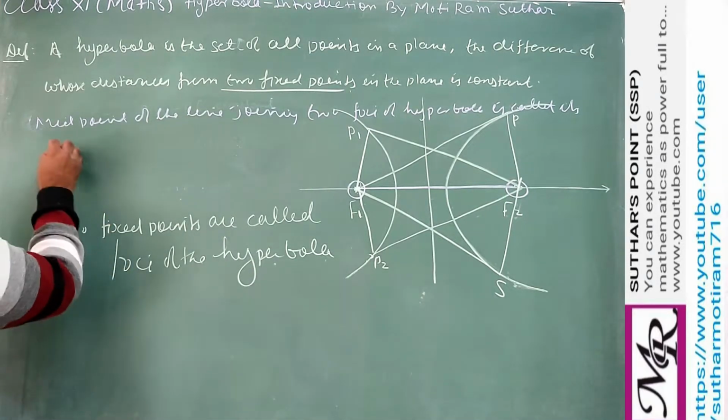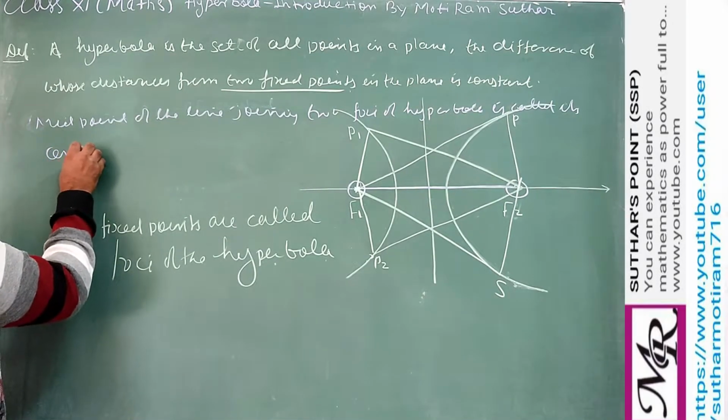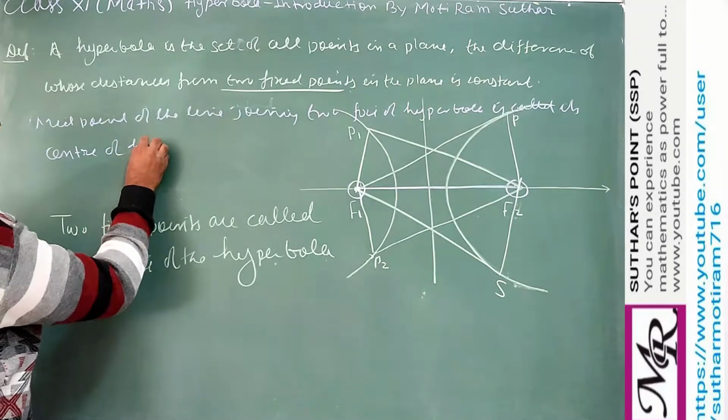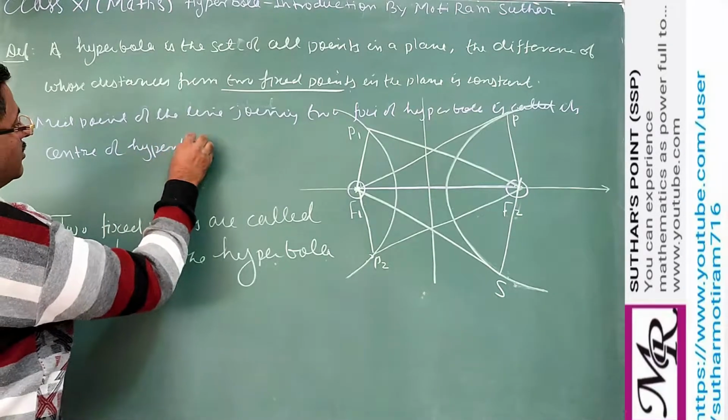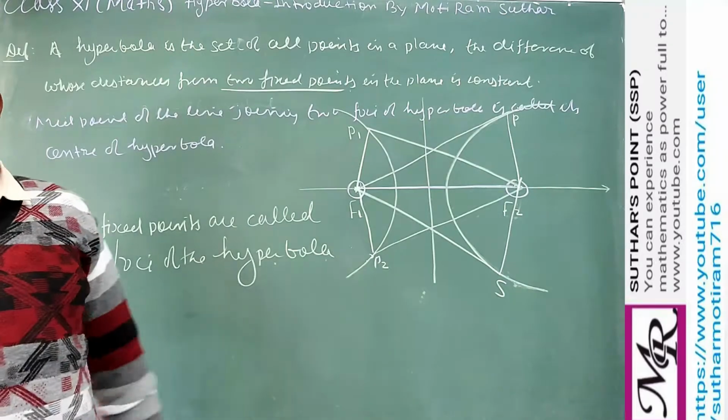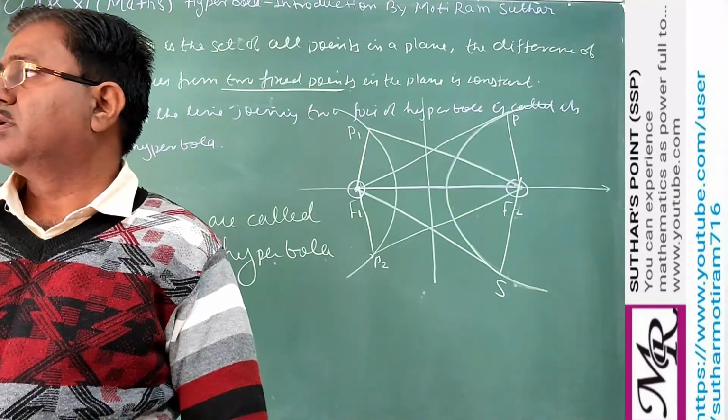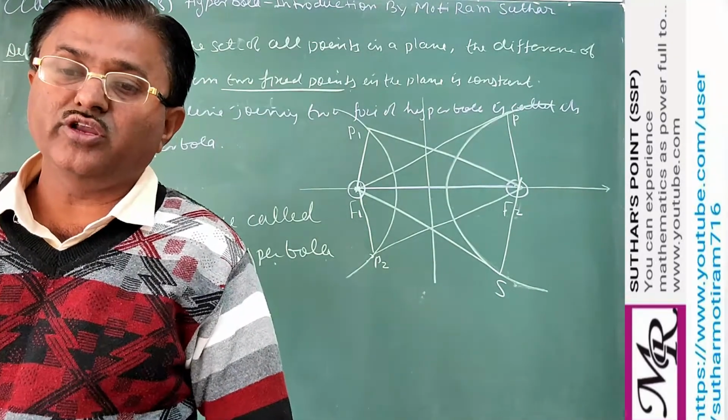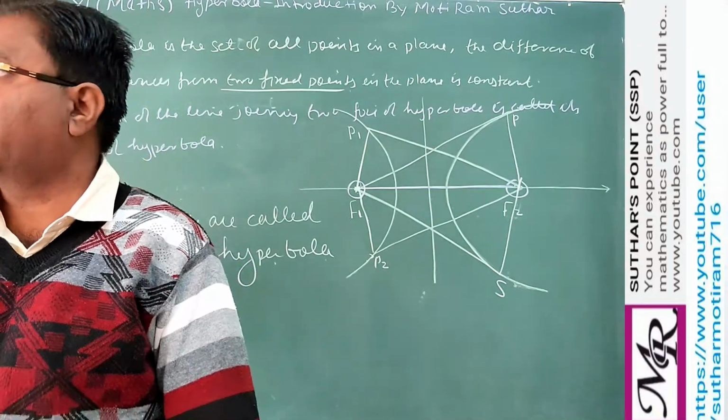Clear? What do you mean by the center of a hyperbola? The midpoint of the line segment joining the two foci of the hyperbola.